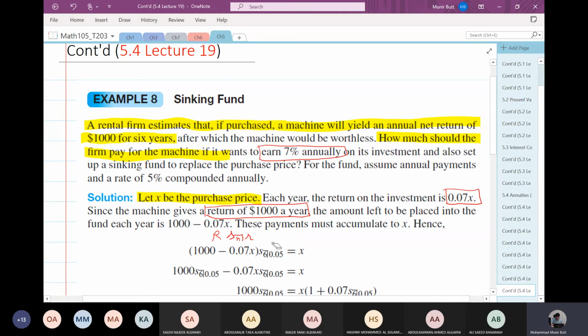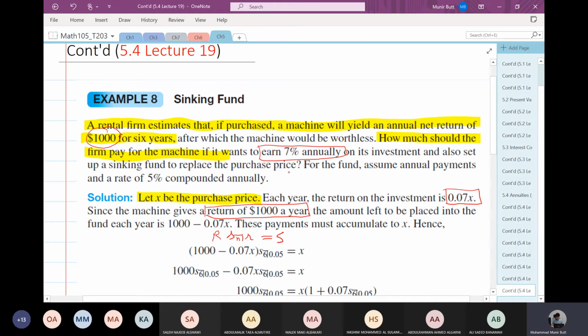But here the amount is not R; it is 1000 minus this amount, because the rental firm estimates an annual return of 1000 and earns 7% annually on the investment.